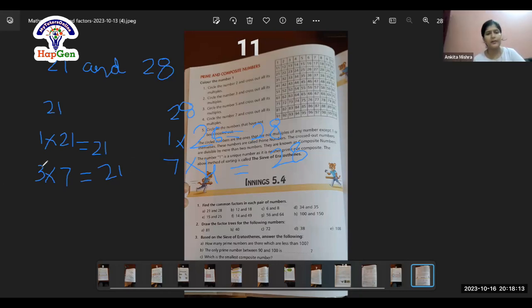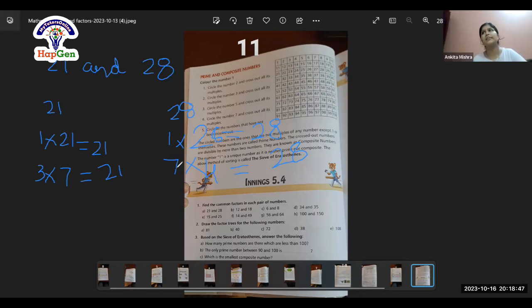See what is common. 3 is here but 3 is not here. 4 is here but 4 is not here. 7 is here and 7 is also over here. So what is common? 7. So the first factor that we got was 1 and the second one was 7.